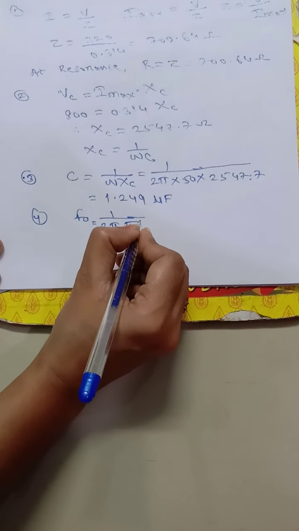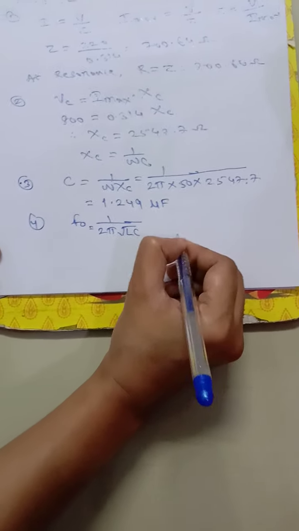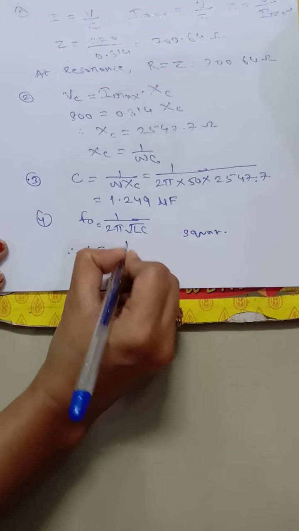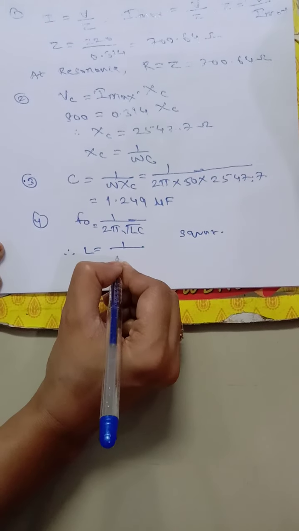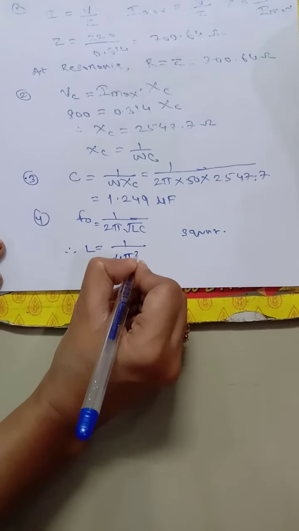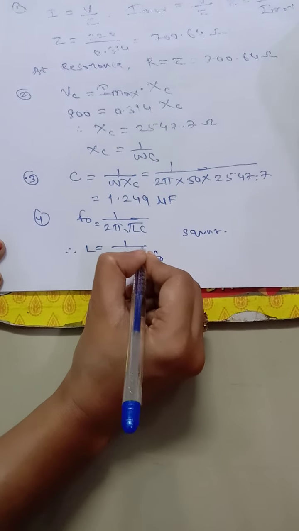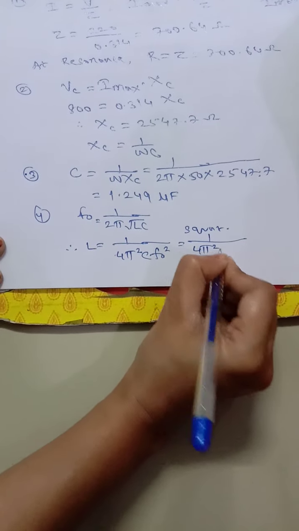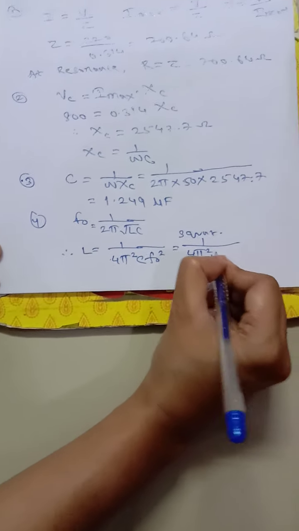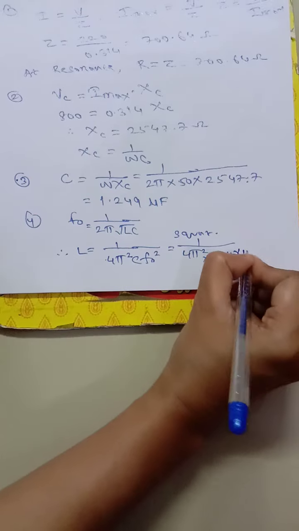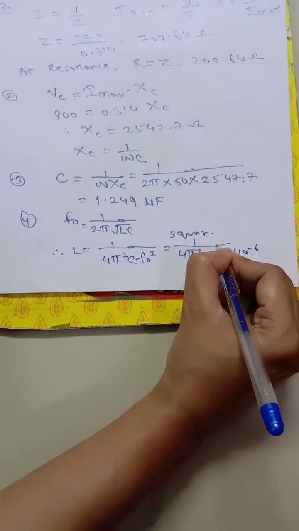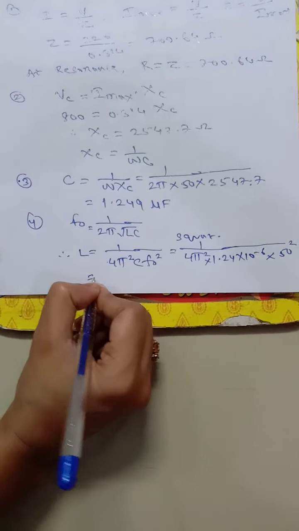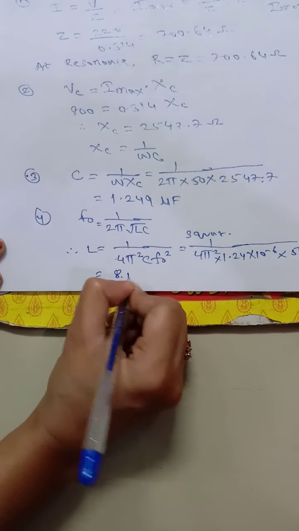Squaring on both sides, you can calculate the inductor L equals 1 divided by 4 pi square C F0 square. That is 4 pi square into C, which is 1.24 into 10 raised to the power minus 6, and F0 square, that is 50 square. In this way you calculate the inductor as 8.112 Henry.